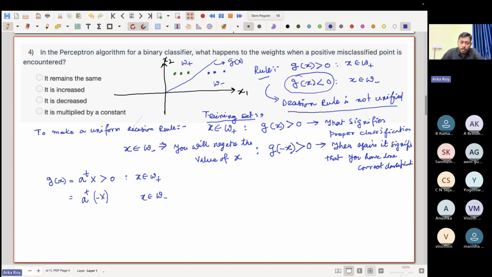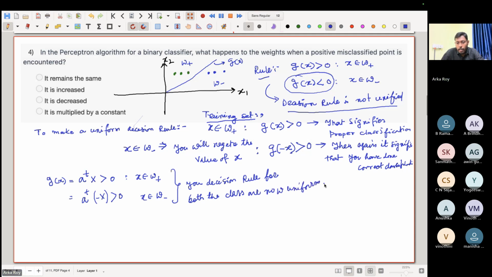When you pass minus x, it should again give you greater than 0. So that means your decision rule for both the classes is now uniform.